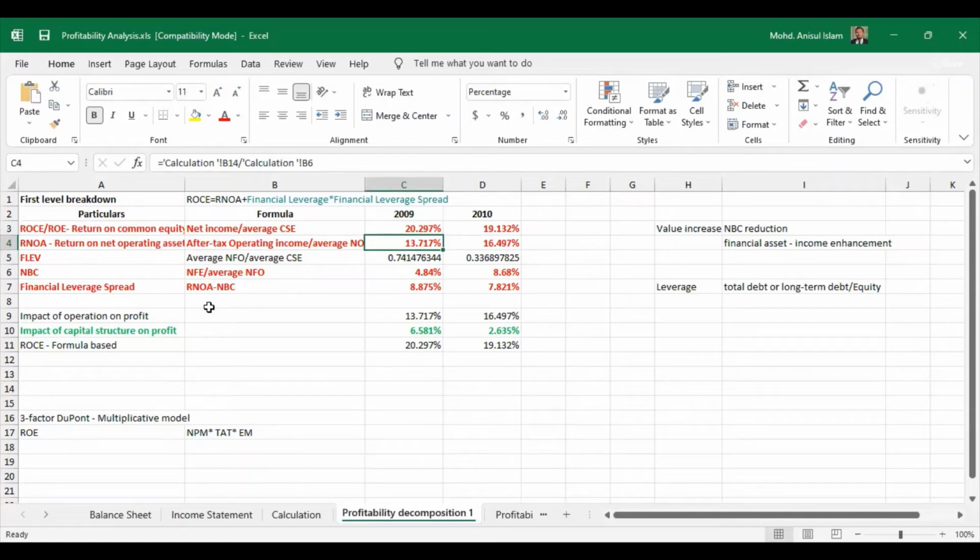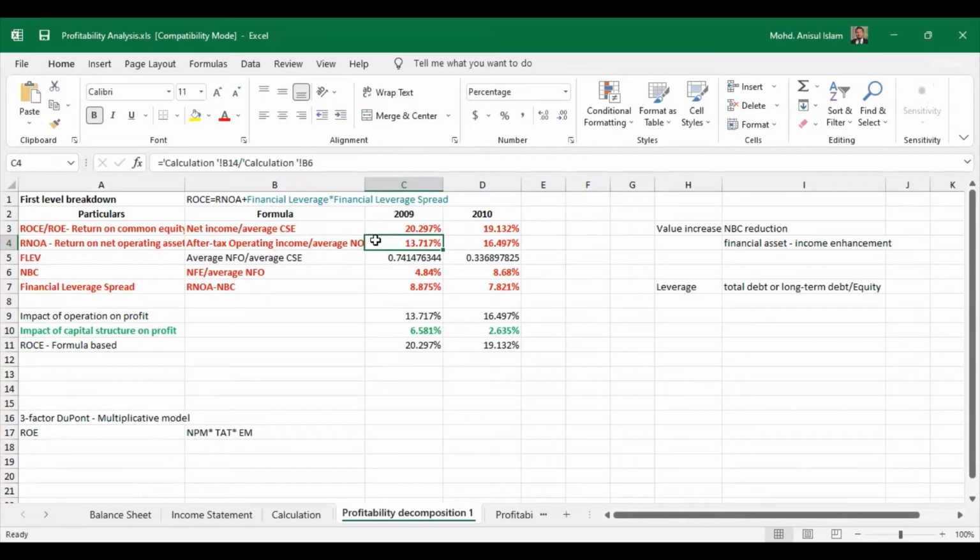Okay, now the question is, you know the operation of Bangladesh Lamps. So you know for what purpose this net operating asset has been purchased and for what purpose this company has invested in the net operating asset. So investment in the net operating asset is giving how much? 13.72 taka, out of which amount? 20.30.